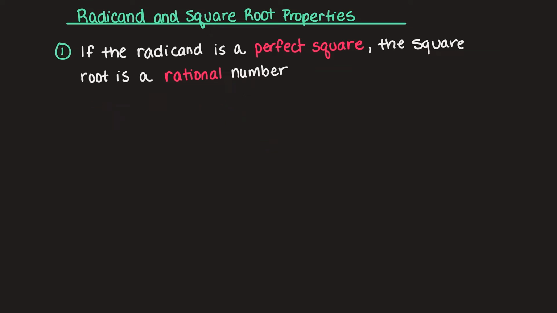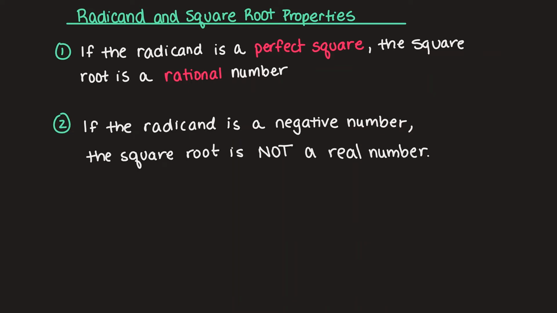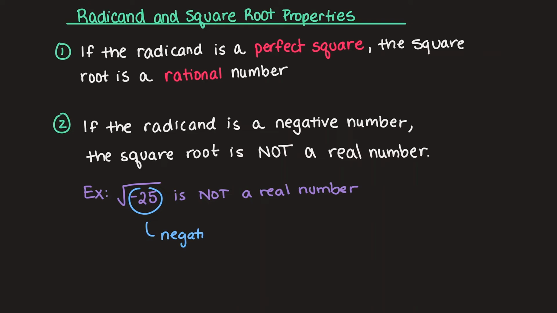So the second property says that if the radicand is a negative number, then the square root is not a real number. So for example, the square root of negative 25 is not a real number since the radicand of the square root is a negative number.